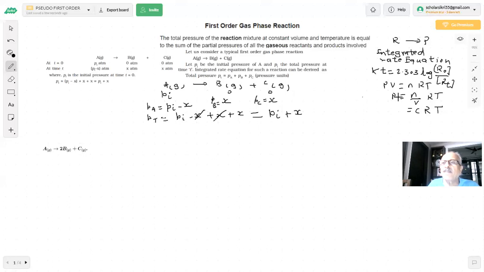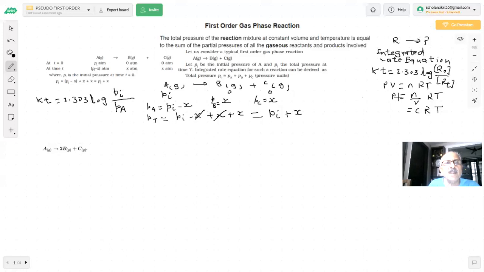Now you have a formula which is already there for the first order. What is the first order formula? Kt is equal to 2.303 log of the initial concentration, here the initial pressure Pi, divided by the pressure of A after time t, that is PA.